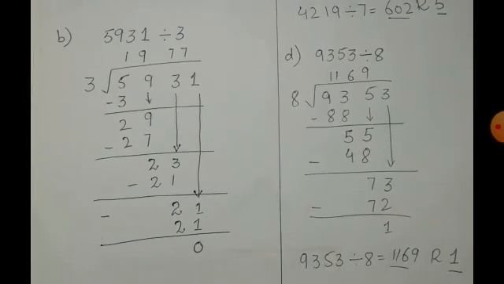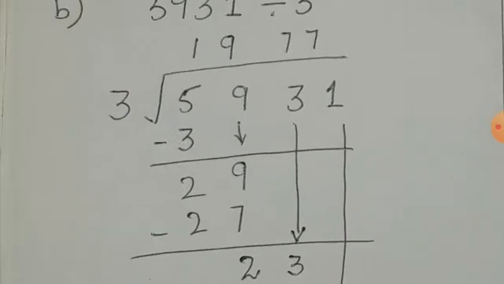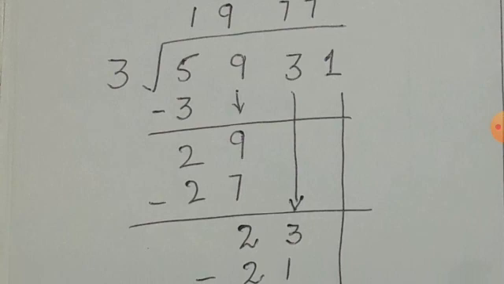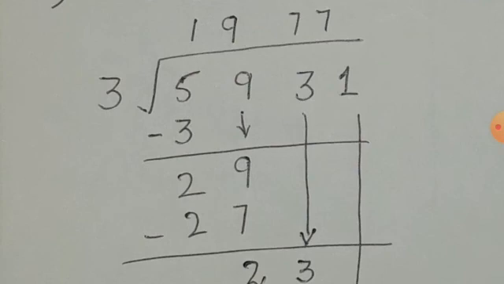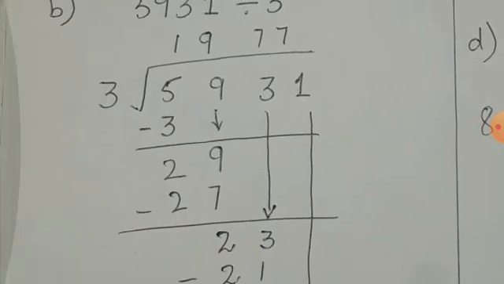In part B, 5931 divided by 3. We can divide 5 by 3 as 3 ones are 3 and we will get 2, and 9 will be on the right side of 2. That will be 29. Then we will again find the number less than or equal to 29. 3 9s are 27.